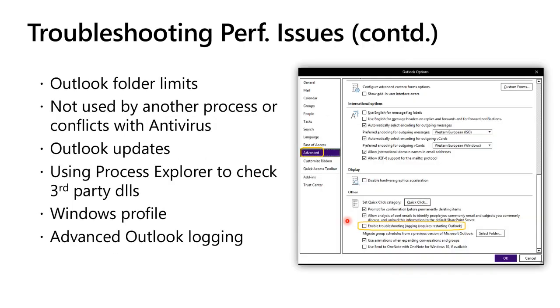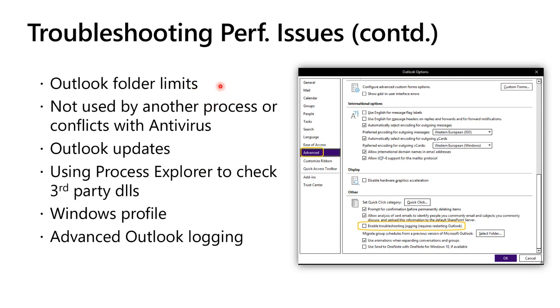So continuing with this, folder limits. When it comes to perpetual versions of Outlook, the recommended limits for Outlook 2019, 2016, 2013, or even 2010 should be 1 lakh items per folder or 5,000 items per calendar folder.